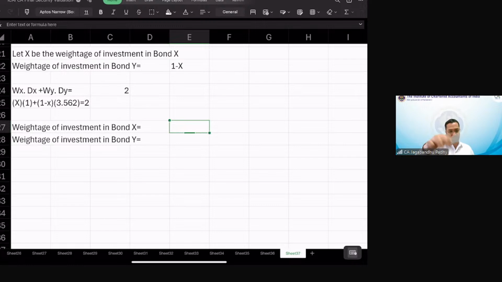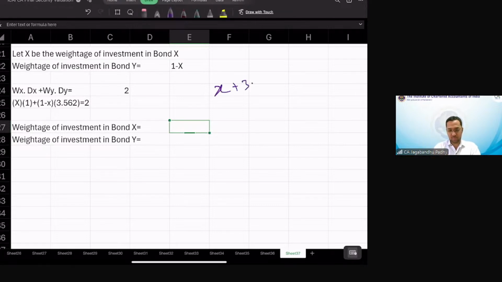This should be like x plus 3.562... minus 3.562x should be equal to 2. So you can say it is minus 2.562x is equal to minus 1.562.